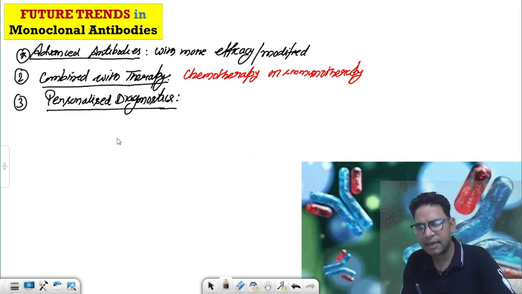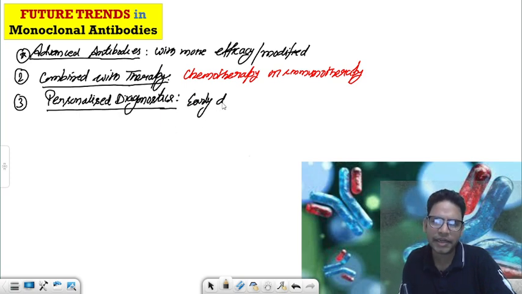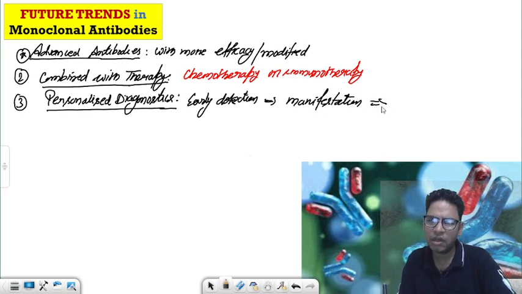Early detection, and therefore early manifestation of disease and early intervention. That is sometimes characteristic of developed countries. If there is any problem going on, it gets detected early, early manifestations are seen, and there is early medical intervention.